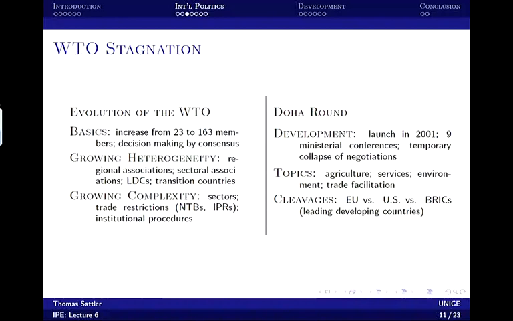Then the BRICS countries, Brazil, Russia, India, and China, they block. So India, for instance, blocked the negotiations as long as the EU and the US would oppose further liberalizations in trade. So we see all these blocs with very heterogeneous interests.